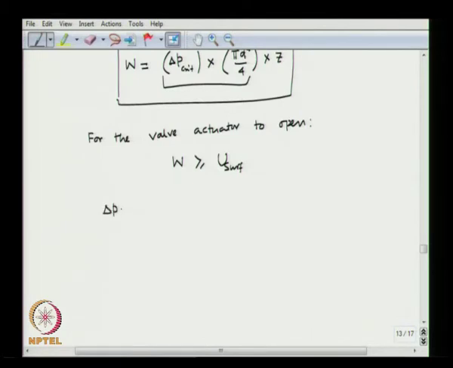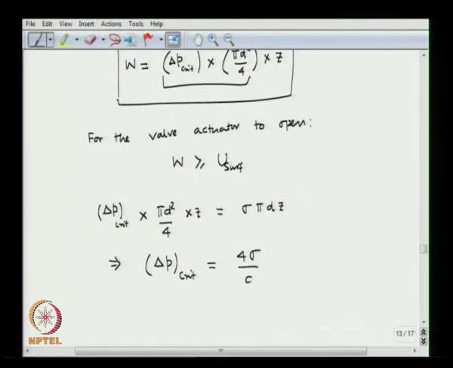So, delta P critical into pi d square over 4 into z has to be equal to sigma pi d z. So, we can find delta P critical, which is going to be 4 into sigma over d.